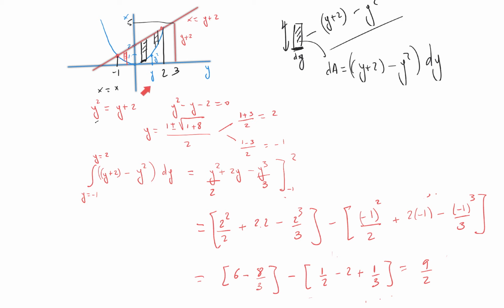I am still creating vertical elements of area, vertical rectangles. What the problem is asking is to create horizontal elements of area, instead of vertical ones, to fill the space inside with horizontal elements like this.